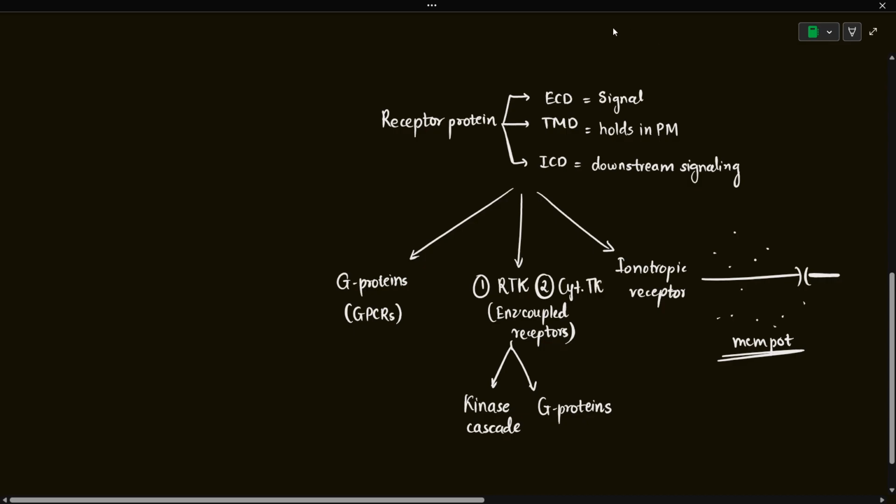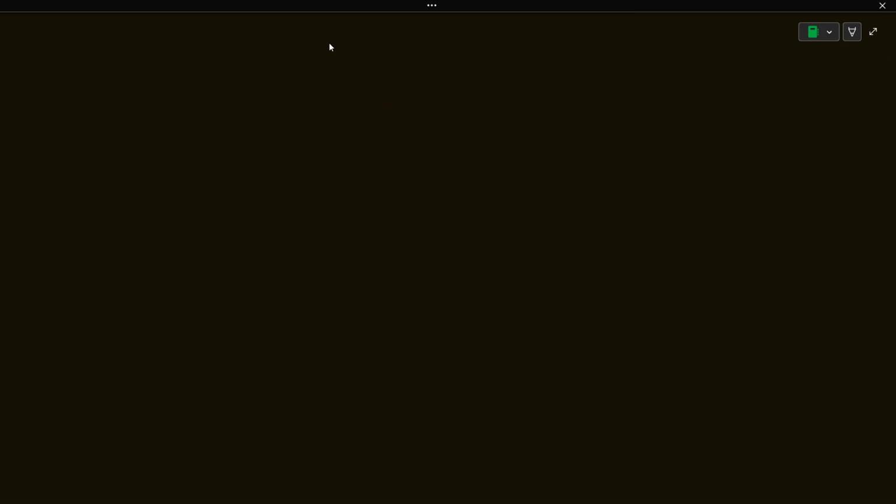So in the enzyme coupled receptors, we have learned about RTKs, which is the largest group of the enzyme coupled receptors. And now we are going to discuss some receptors, which are the receptors for cytokines or hormones, which are going to be associated with the cytoplasmic tyrosine kinases. Okay. So in the enzyme coupled receptors, there are two categories.